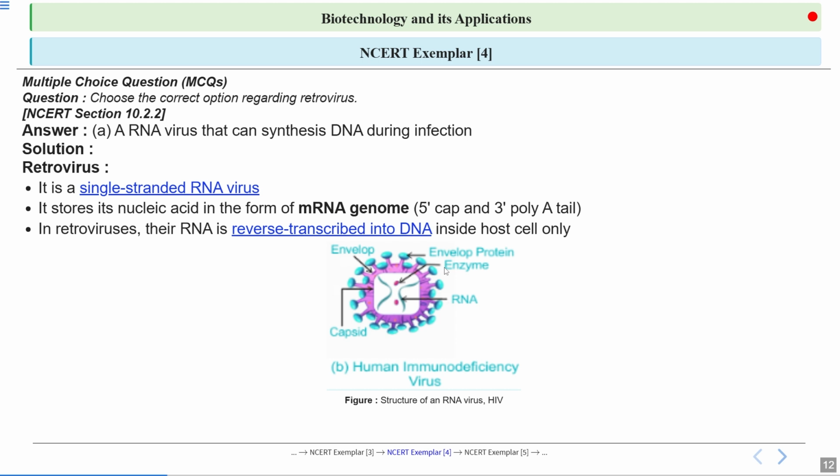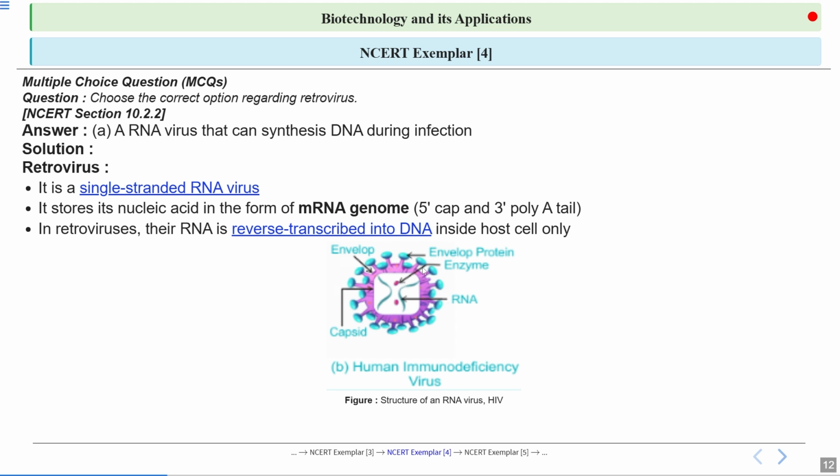So this is the picture of one of the viruses, the human immunodeficiency virus. You can see the picture. This is the RNA strand, a single stranded RNA strand. This is the capsid, which is protecting it. What is the capsid? The capsid is the protein that protects the genetic material.